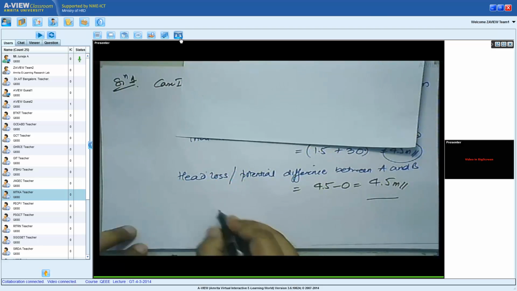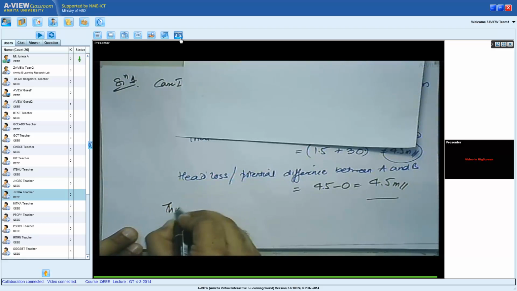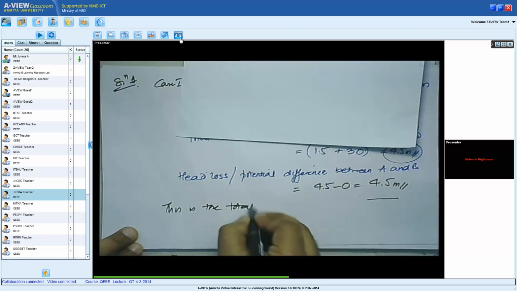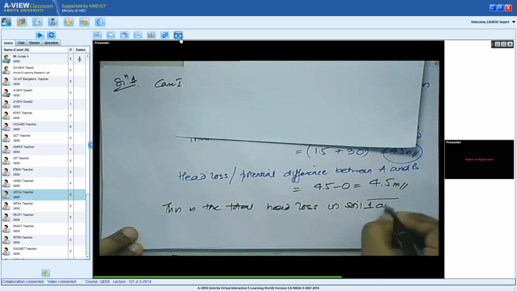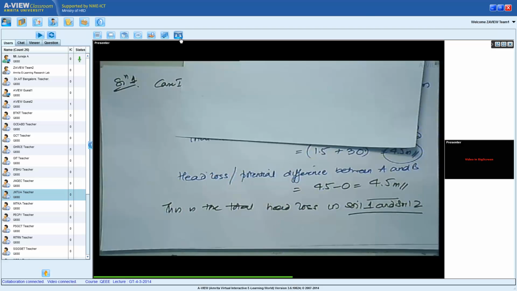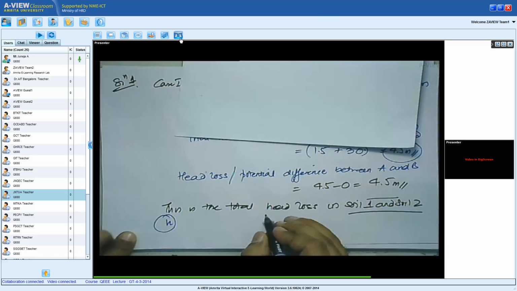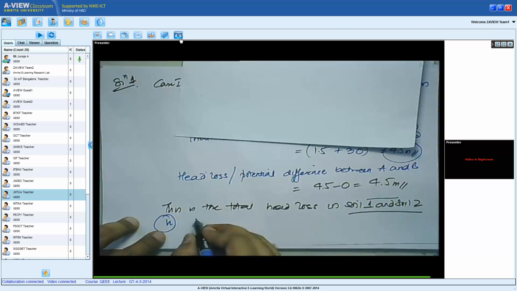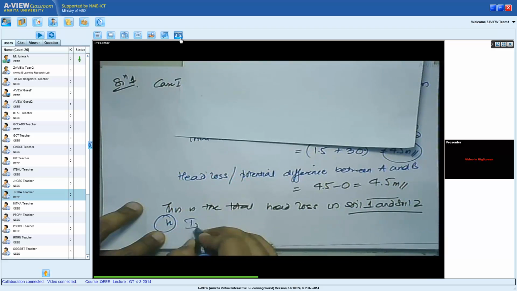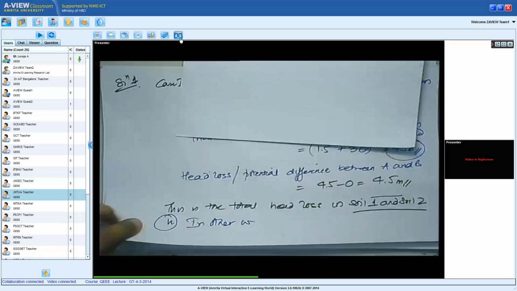So can I just say this is the total head loss in soil 1 and soil 2. If I say head loss in soil 1 is H1, remember H was the representation for head loss, and H2 is the head loss in soil 2, then the total head loss would be H1 plus H2. Let me take a fresh piece of paper.